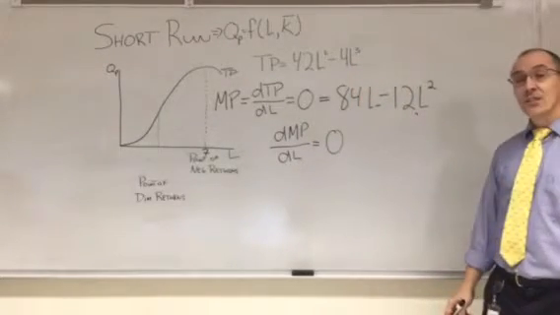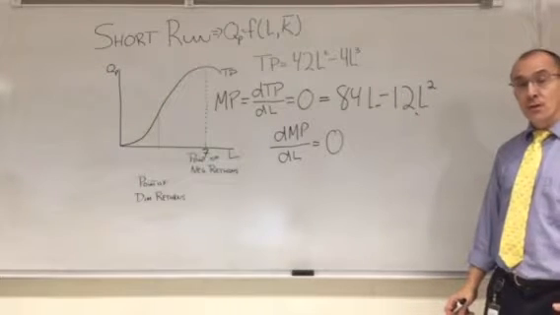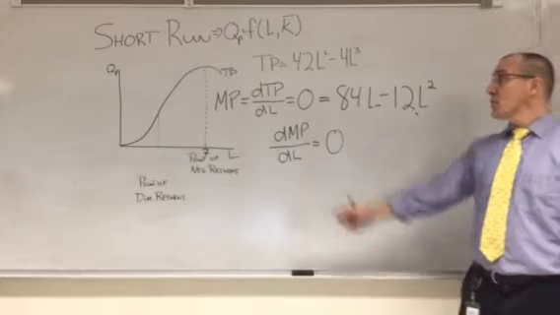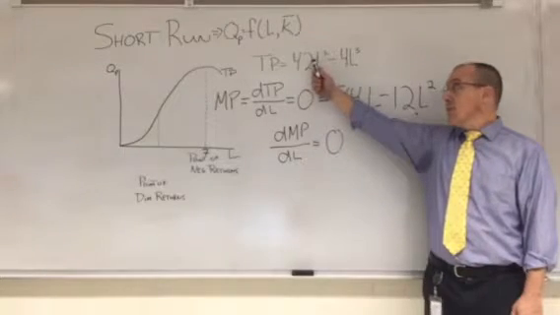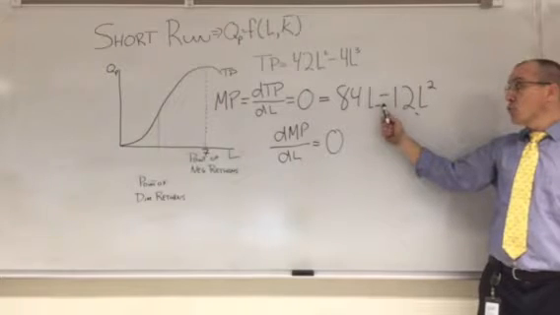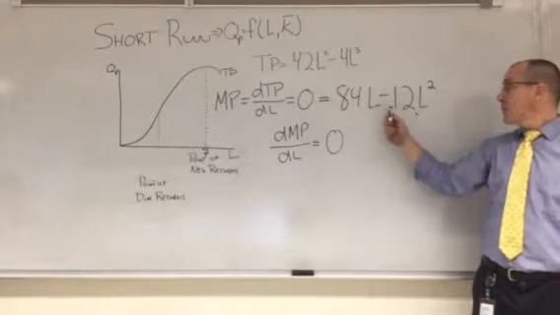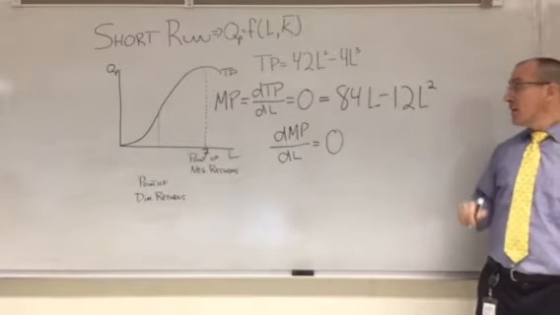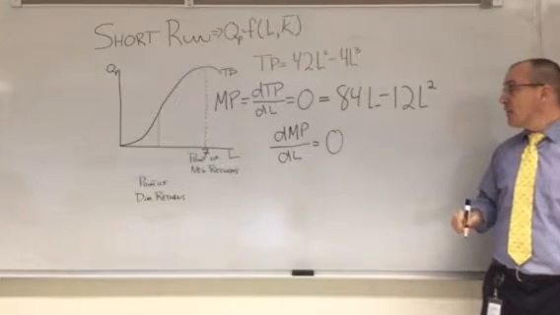Where adding an additional worker will yield no additional marginal product. Just the way I did the power rule to get from this equation to this equation, I will use a power rule on my marginal product curve to get to my second derivative down here.